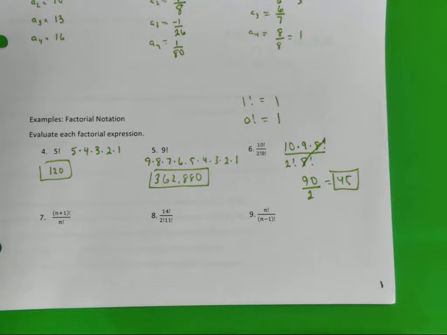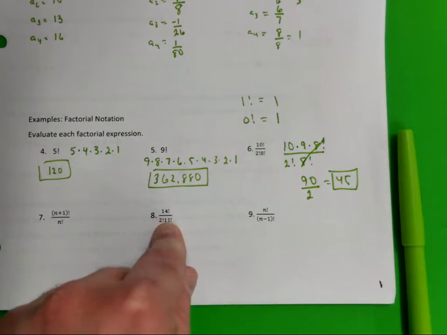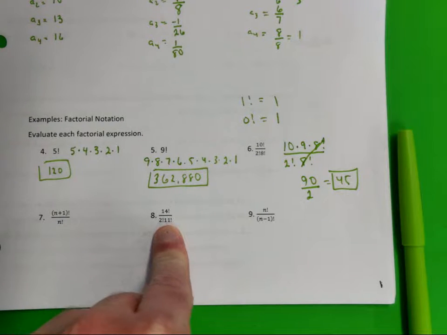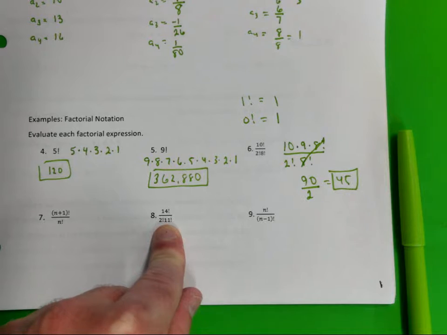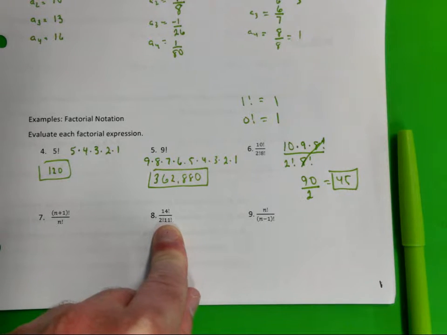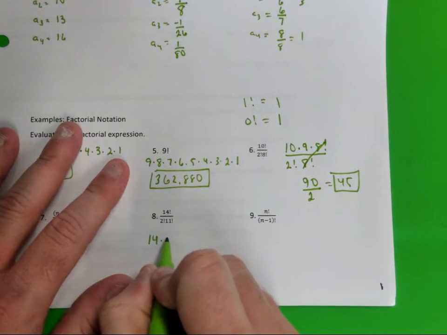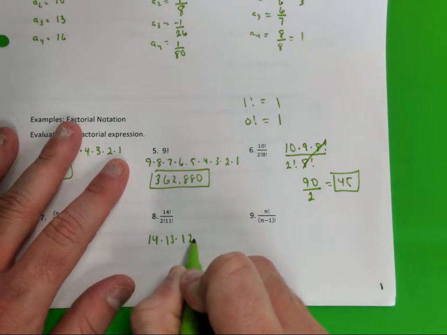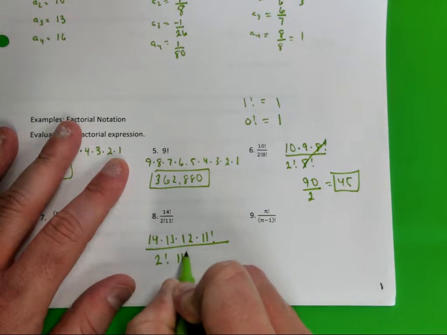Okay, let's go to number 8. I'm going to come back to 7 and 9. Those are variables in a minute. On number 8, I have 14 factorial in the numerator, 11 factorial in the denominator. So I will start off with, you tell me when to stop. I'll say 14 times 13 times 12 times 11. Stop, because I will cancel out those 11s. So here we go. 14 times 13 times 12 times 11 factorial over 2 factorial times 11 factorial.